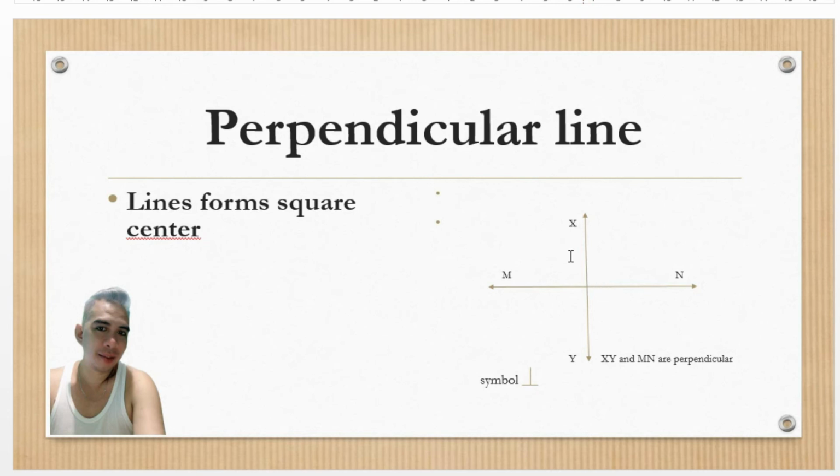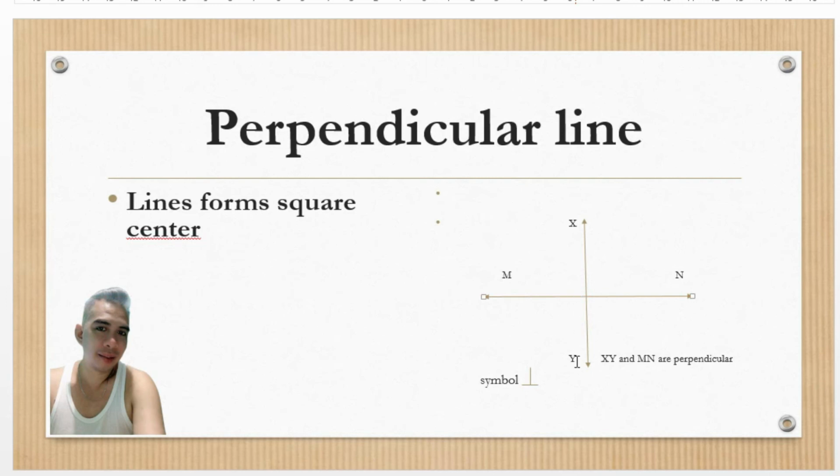So, dito po, pag nag-drawing po tayo ng square, makaka-form po tayo ng square dito. So, masasabi natin this is a perpendicular line kapag maka-form tayo ng square sa gitna nila. Kahit nandito po yung isang line, halimbawa, for example, di ba, maka-form pa rin tayo ng square. Maka-form din po tayo dito ng square. So, perpendicular lines form a square at the center.